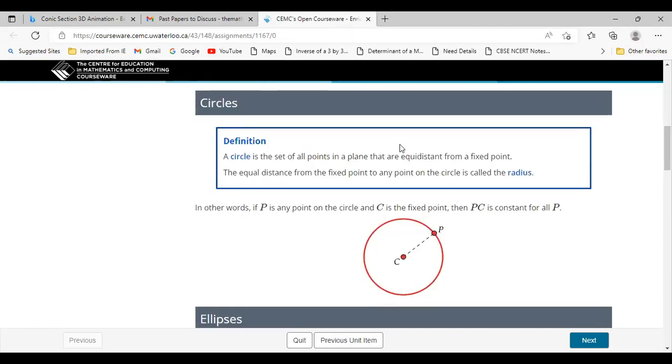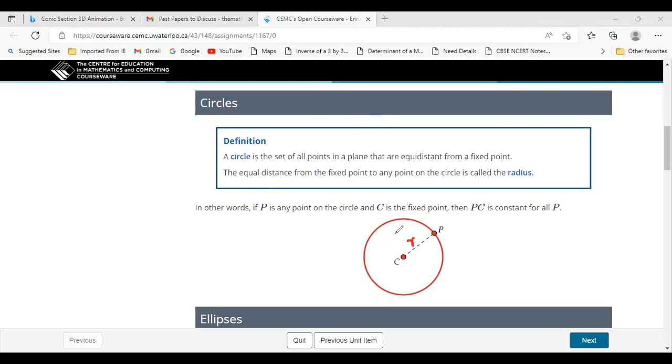So the very first one is circle. A circle is a set of all points in a plane that are equidistant from a fixed point. The equal distance from the fixed point to any point on the circle is called the radius. So you can assume this PC as the radius.